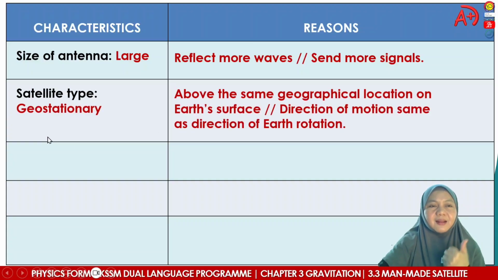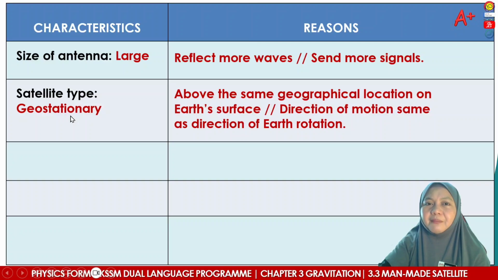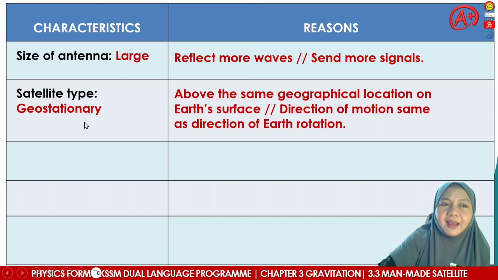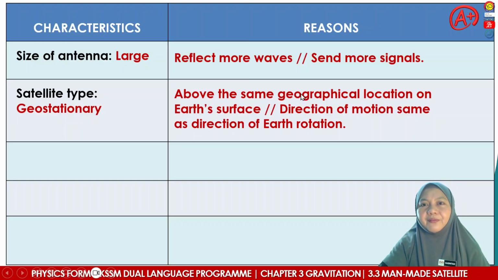Second, the type of satellite must be geostationary. A communication satellite is geostationary. This is the reason: so it will always be above the same geographical location on Earth, or you can say so that the direction of motion is the same as the direction of the Earth's rotation.